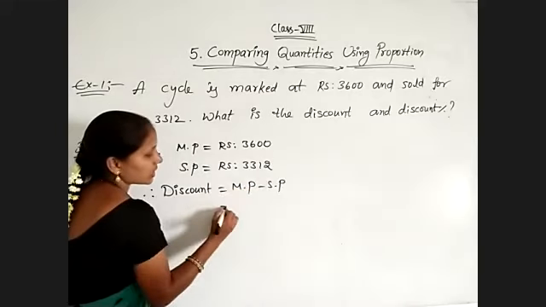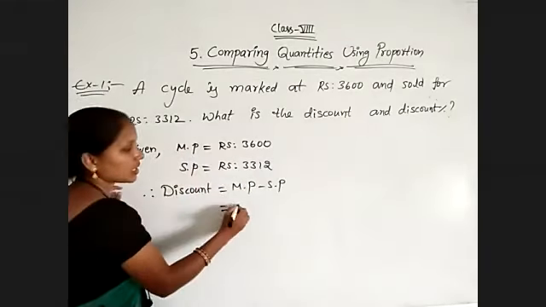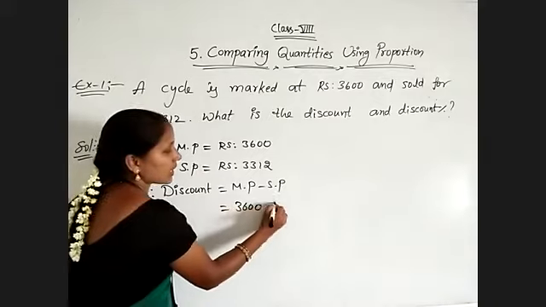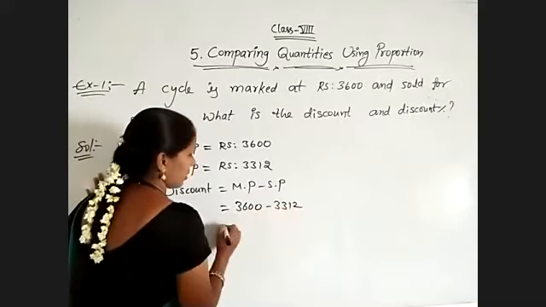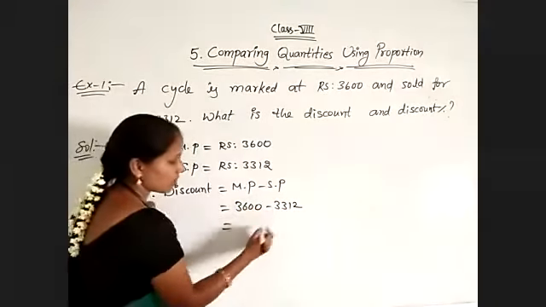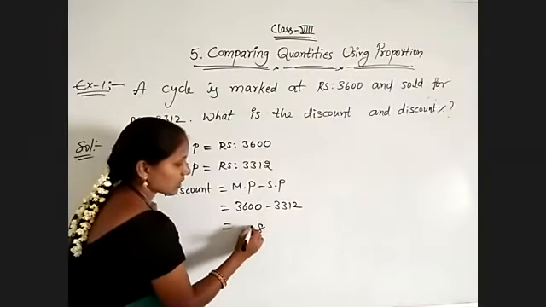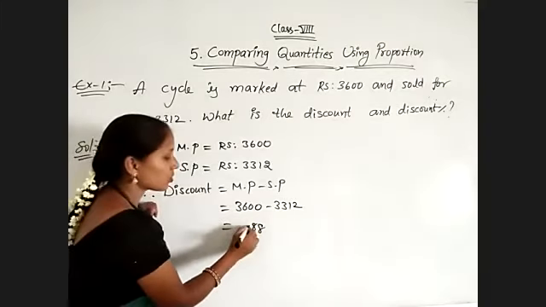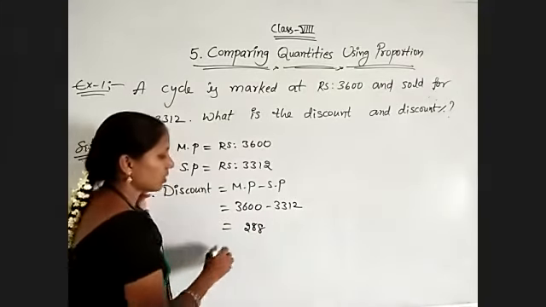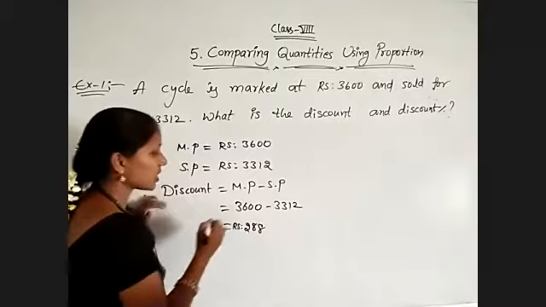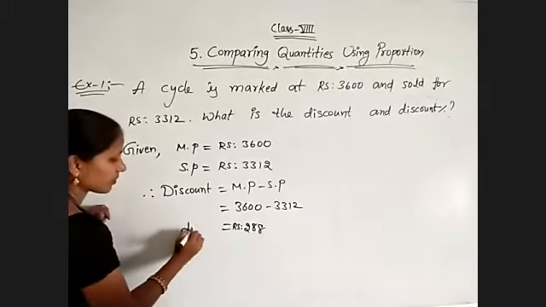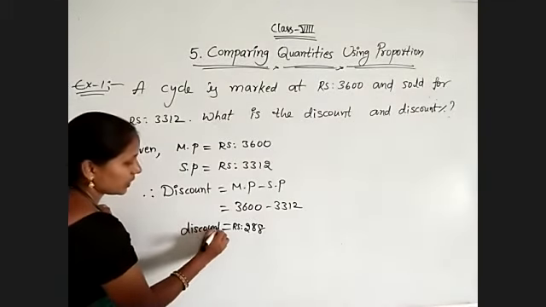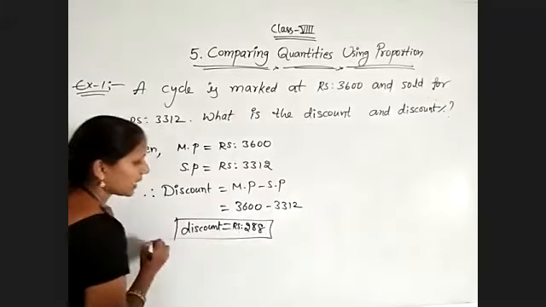That is, MP value 3,600 minus 3,312. Now 10 minus 2 is 8, 9 minus 1 is 8, and 5 minus 3 is 2. That's all. 288 rupees discount is given. Discount is equal to 288 rupees.